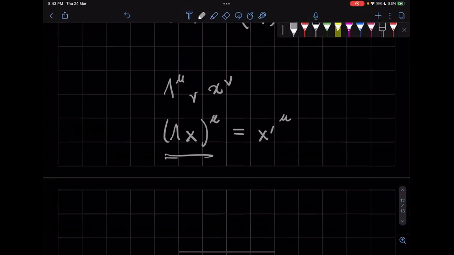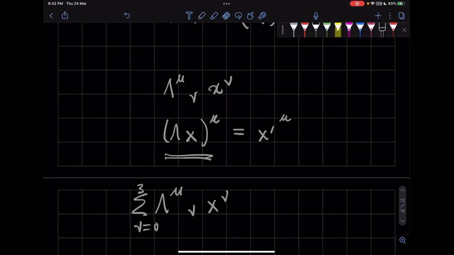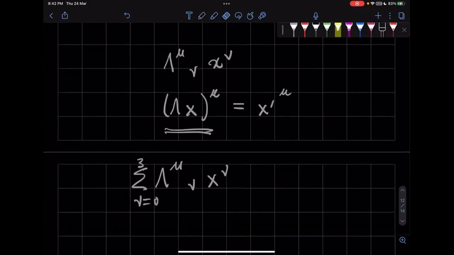If I were to expand this, it would be a 4x4 matrix acting on a column vector. I would write it with a sum over nu, where nu goes from 0 to 3, 0 being the time coordinate, and x of nu. So this is just matrix multiplication, right?